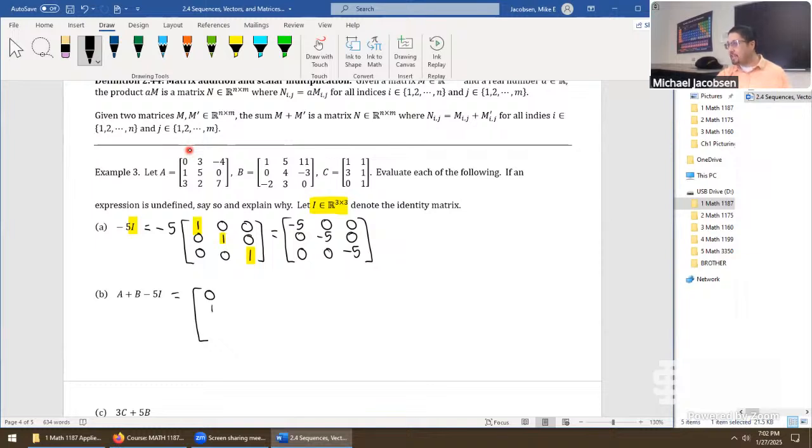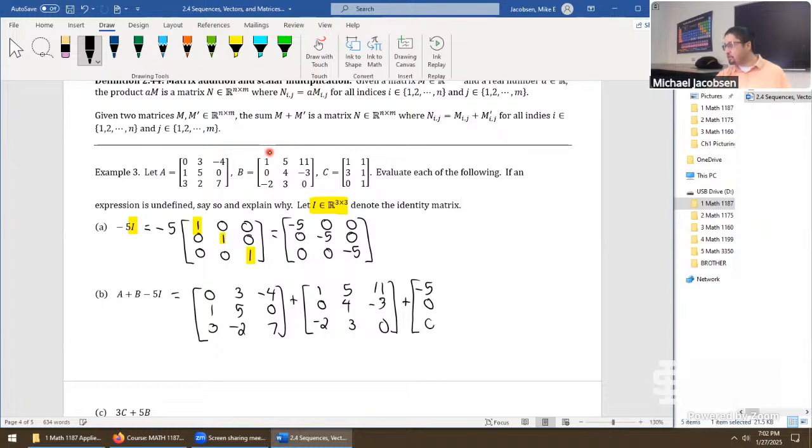So I'm going to drop in A here, 0, 1, 3, 3, 5, -2, -4, 0, 7, plus the matrix B. I'm just going to write it down so it's available, 1, 0, -2, 5, 4, 3, 11, -3, 0, plus -5 times the identity matrix goes -5, 0, 0, 0, -5, 0, 0, 0, -5.